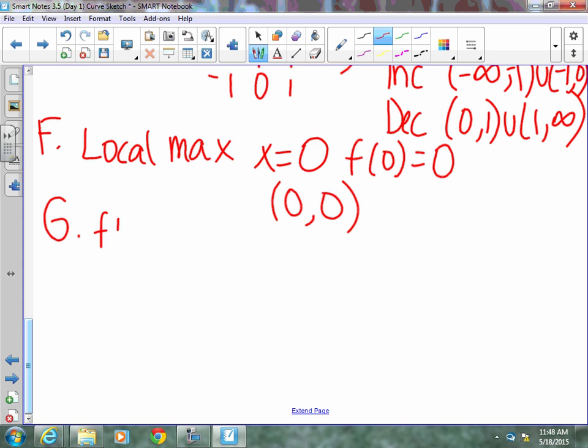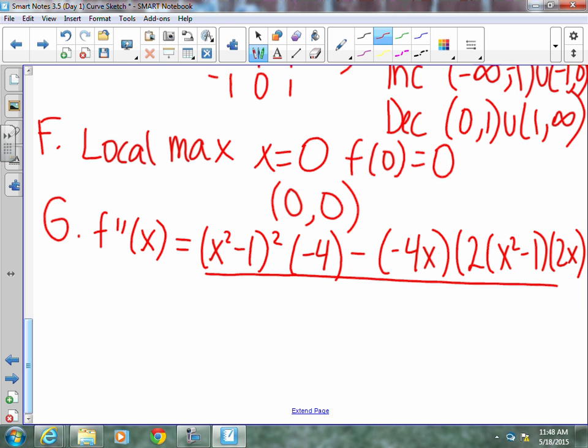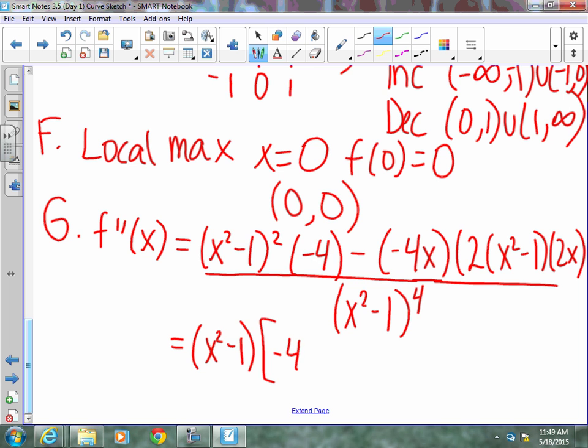Concavity, so we need the second derivative, which is low d high minus high d low. Draw the line, square the low. Not cubed, that would be x squared minus 1 to the 4th. I'm going to factor the top a little bit. I'm going to pull out that x squared minus 1. I can pull out one of them, which leaves me with negative 4 times x squared minus 1 in my first term.